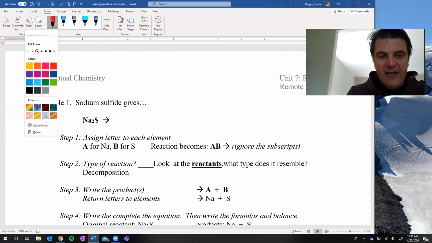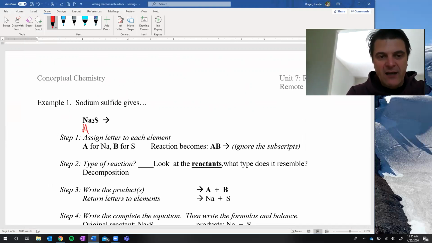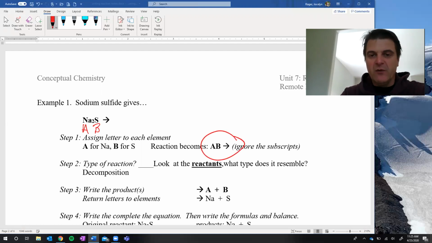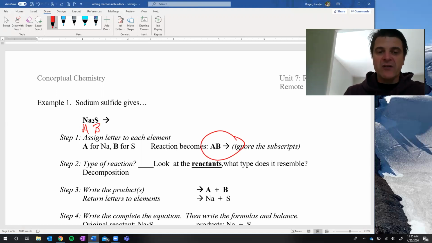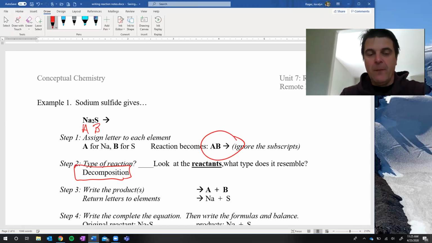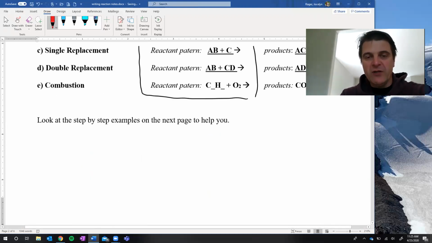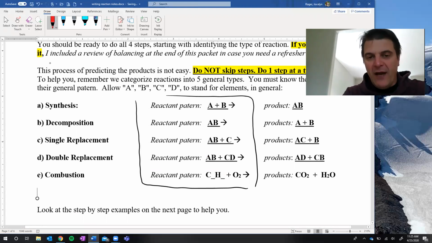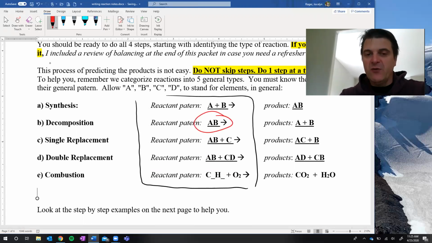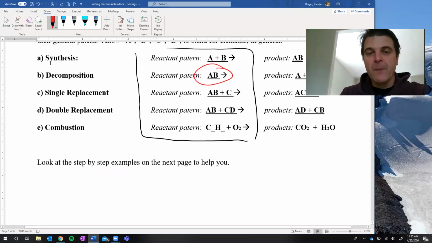So Na becomes A, and sulfur becomes B. And so then the reaction becomes just AB, and then the products. We know that this pattern matches a decomposition reaction, because if you look back at the patterns we talked about, there's only one pattern that has only one reactant in it. So you know this is what's going to happen.